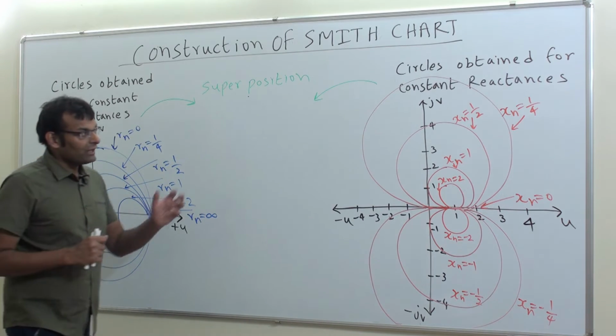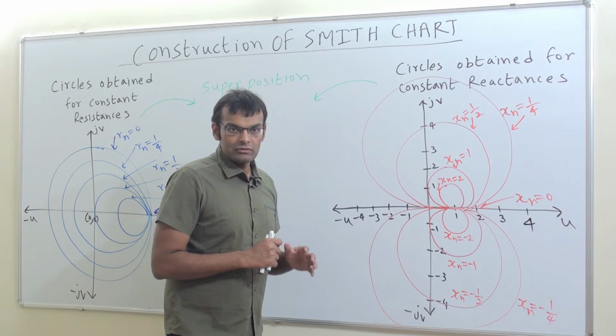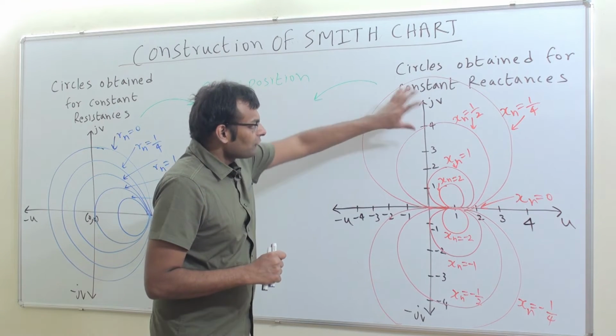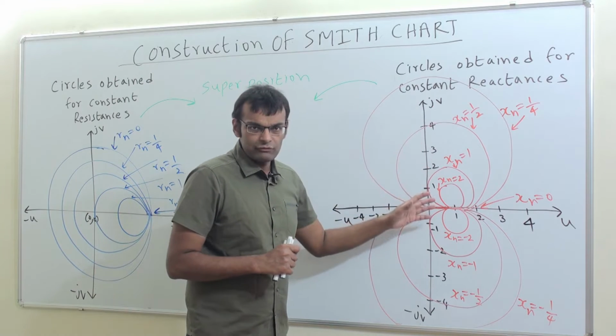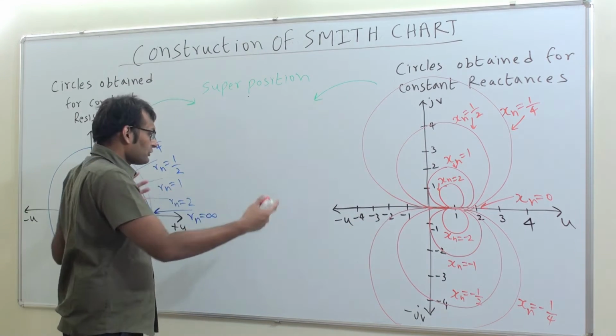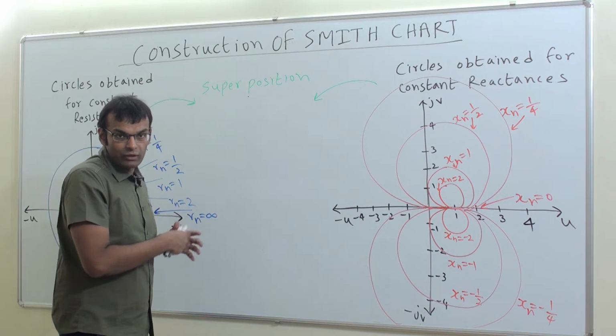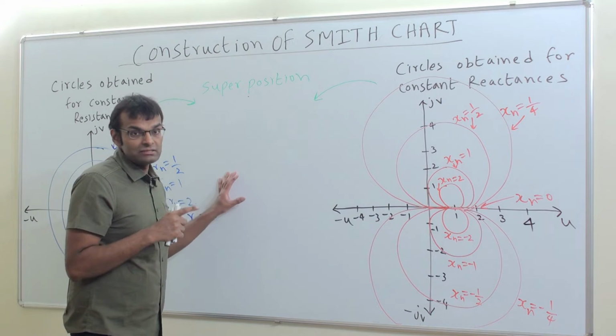In the same way, for constant reactances, I got a particular pattern where for different Xn values I got different circular patterns. I am going to superimpose, to mix these two circles, and let's see what I am going to get. The final product is the Smith chart.